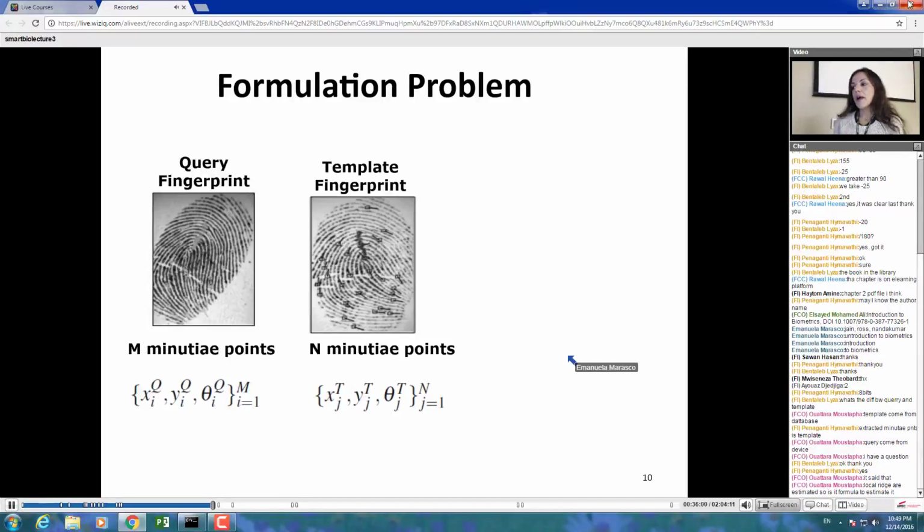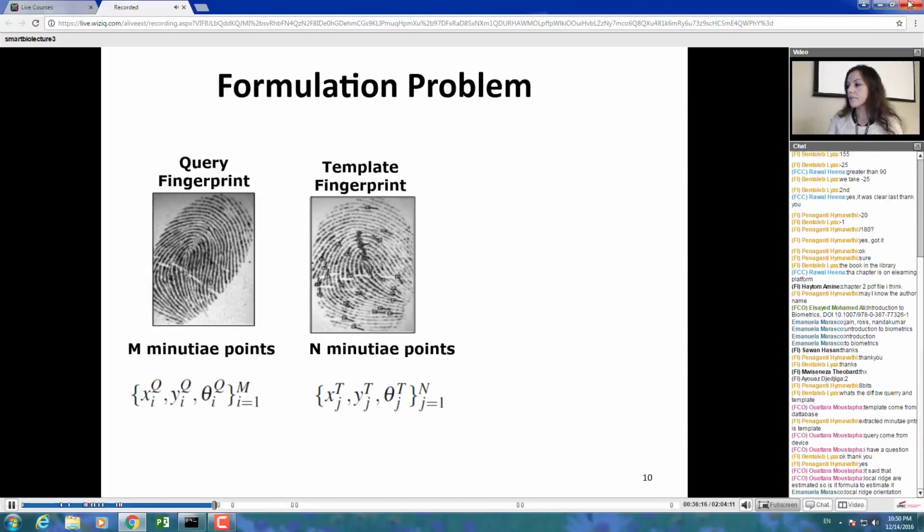I can write it. Local ridge orientation. I'm glad to clarify this point. So you want to know if there is a formula to estimate the local ridge orientation? Please let me know.